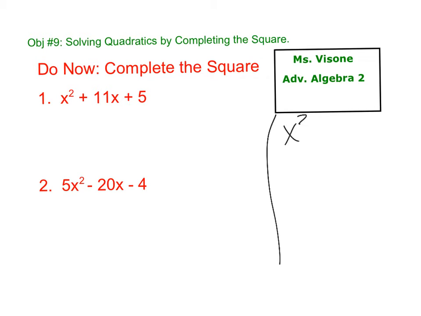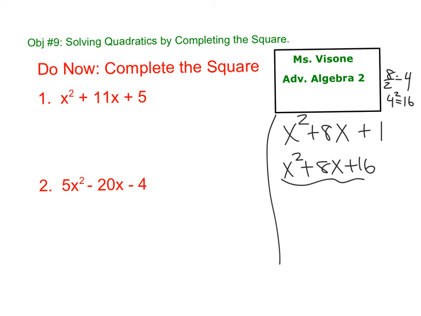Remember if we had x squared plus 4x plus 1, right? I'm not going to do 4x actually. Let's make it 8x. I think that's easier. So instead of that 1, we need a different number. We need it to be x squared plus 8x plus 16. Right? We take that middle term, we divide by 2, and then we square it.